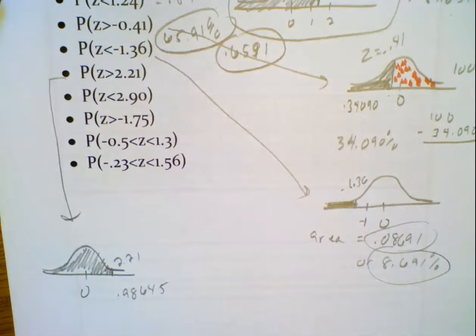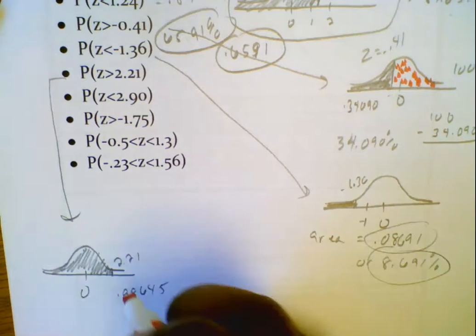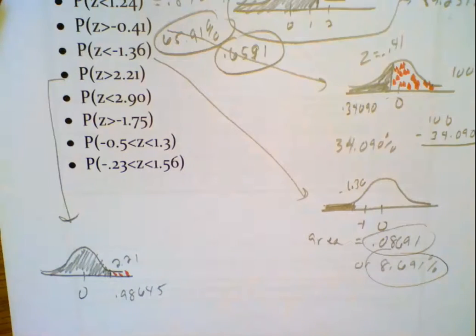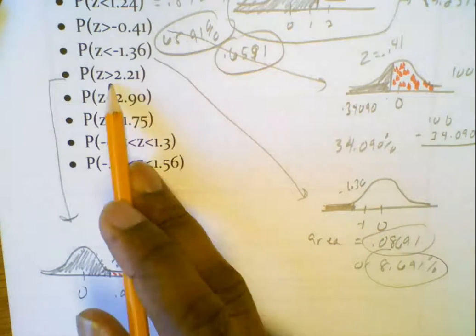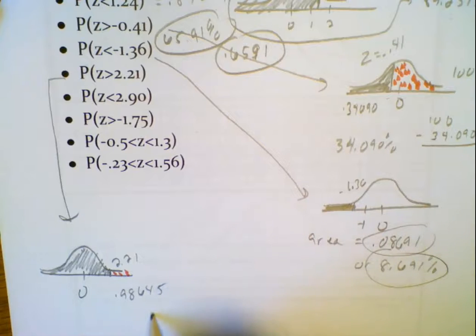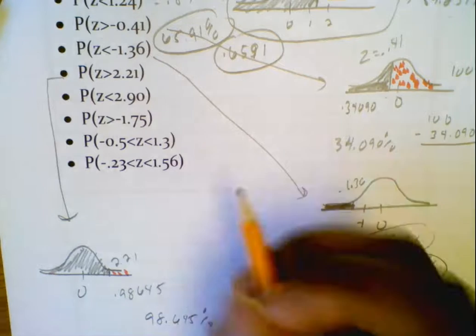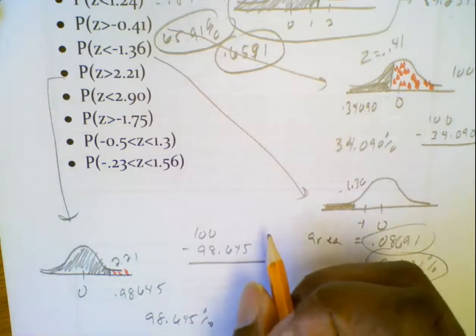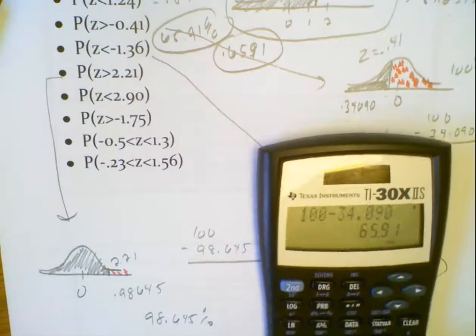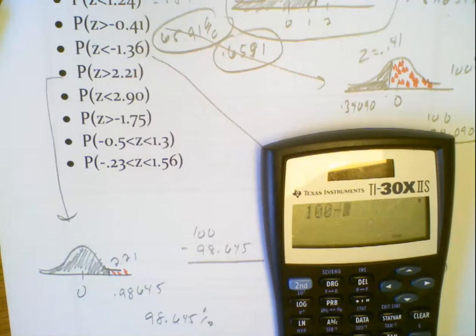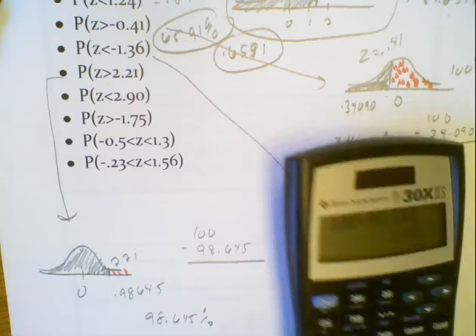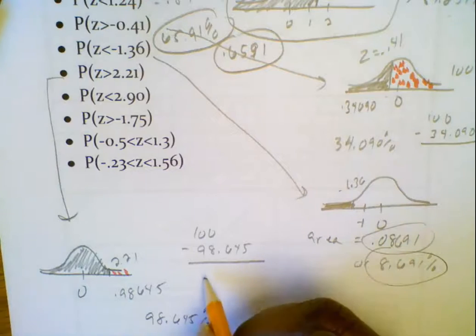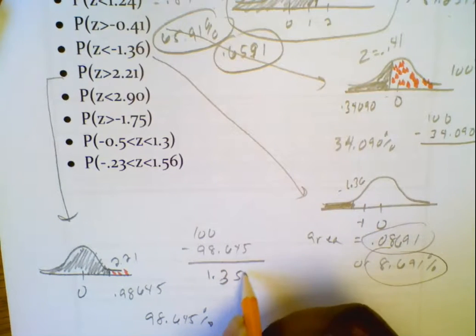So after you found the answer there, you go back and reconsider. I do want the right side. So I don't want this part in red because that says greater than. So I'm going to change this to percent, 98.645%. So I'm going to take 100 and take away 98.645, and it's 1.355.